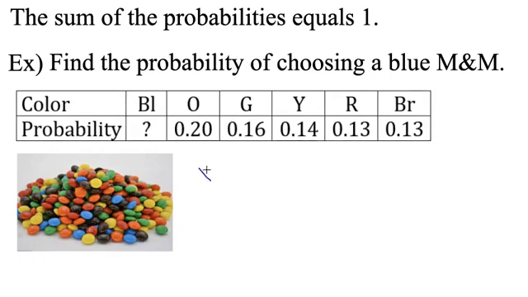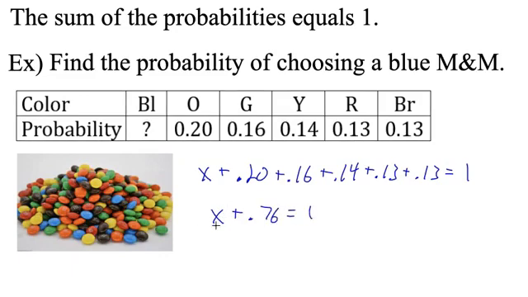So if x is the probability of choosing a blue marble, we can say x plus 0.20 plus 0.16 plus 0.14 plus 0.13 plus another 0.13. All that has to equal 1 according to this probability rule. When I add these up, we get 0.76.